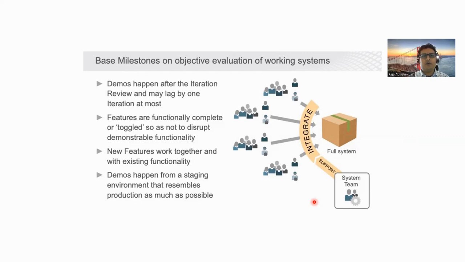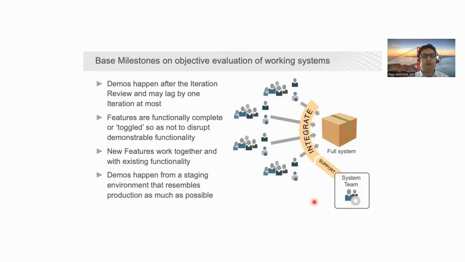These system demos happen after the iteration review, and it may lag by at most one iteration. It is not necessary that you complete the iteration review and immediately start doing the system demo, because some teams need some time. But after completing the iteration review, within one iteration, all teams should come together, integrate their work, and show the system demo to the stakeholders.